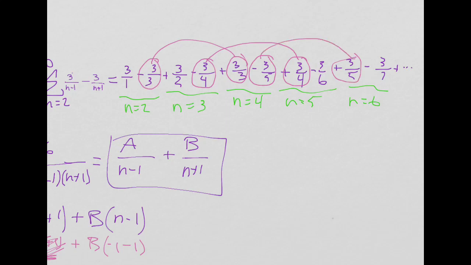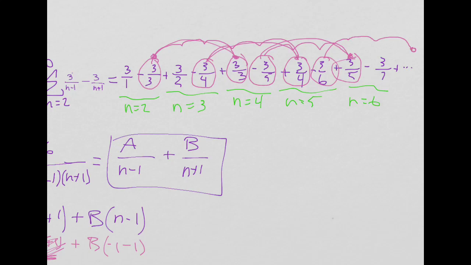If you think about it, starting with this term, we had to go 1, 2, 3 terms down the row to find the one that's going to cancel with it. And for this term, negative 3/4, we had to go 1, 2, 3 terms down the line to find something that canceled with it. Negative 3/5, we had to go 1, 2, 3 terms down the line to find something to cancel with it. So negative 3/6, we're going to need to go 1, 2, 3 terms down the line to find the one that cancels with it.